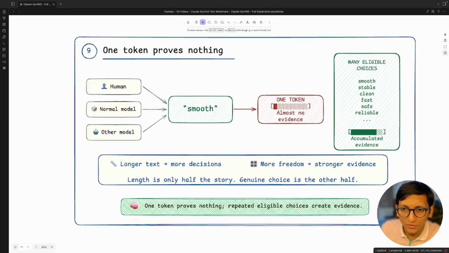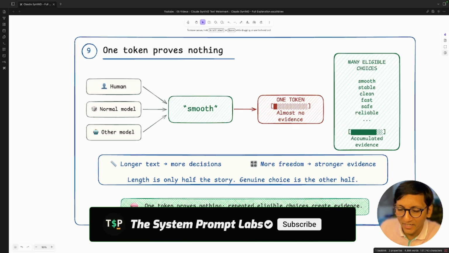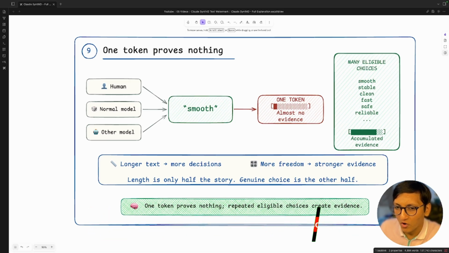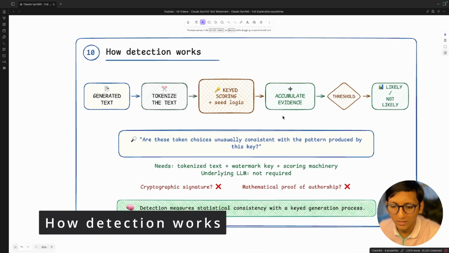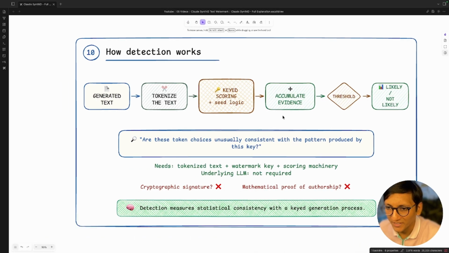Now, we have reached the important question. If someone flags your code or content or text that Claude has only proofread, what can the detector actually tell? Now, how does the detection work? The detector does not scan for hidden characters. It tokenizes the text and then, using the corresponding watermarking key and the seed logic, it scores how consistently the pattern has been seen and then accumulates the evidence.